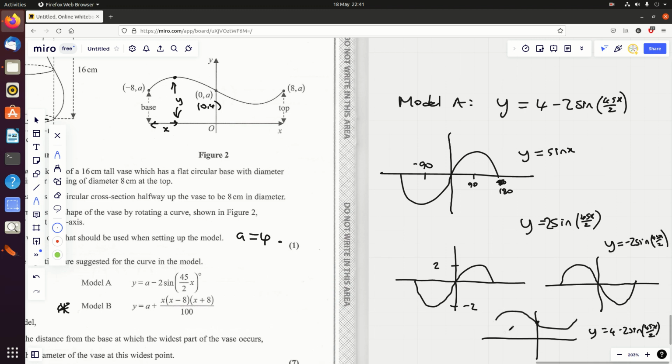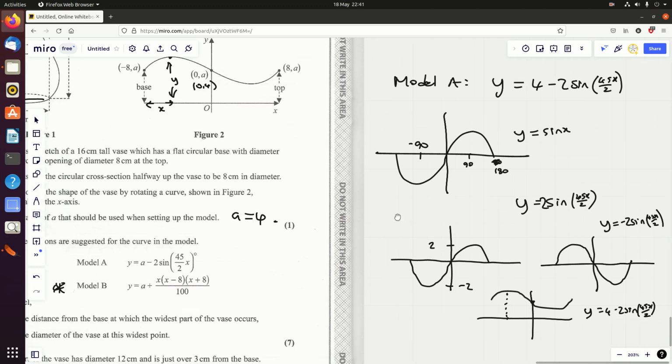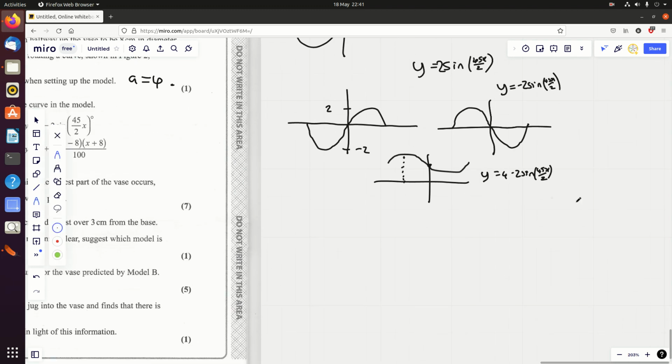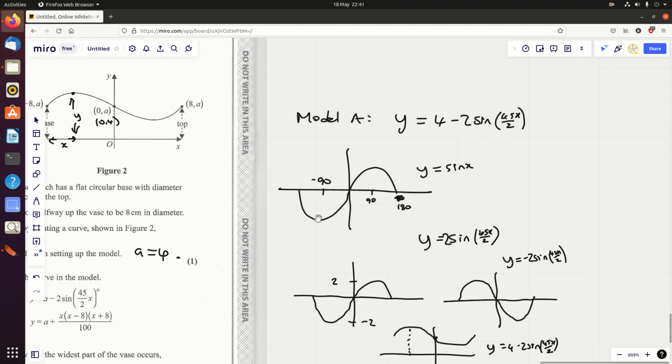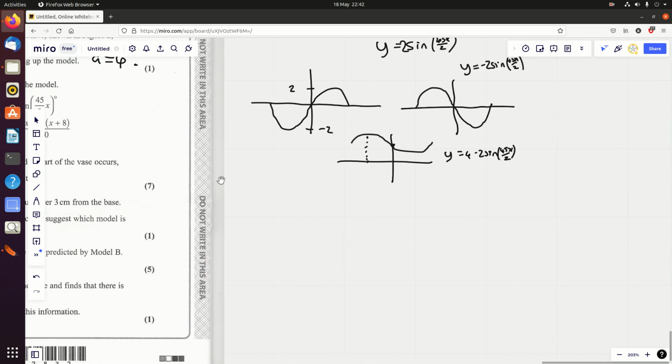So I kind of did this in my head, because now if I want this, well, I obviously want the bit which makes sine of the stuff minus 1. In other words, sine of minus 90 is minus 1, remember that on the first graph? Let's go back to it. Sine of minus 90 is minus 1. I want that to be minus 90. And so now I can work everything out from that.